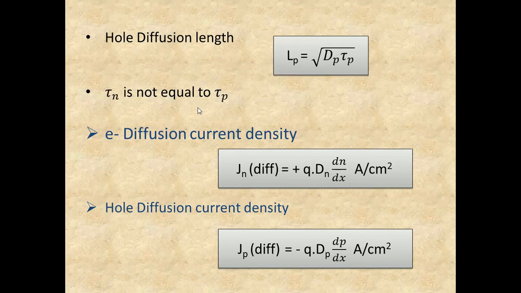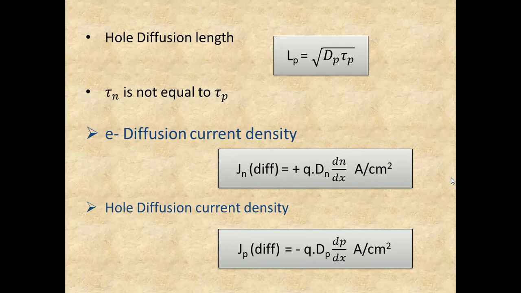Remember that the electron diffusion length is never equal to the hole diffusion length. Now, electron diffusion current density is given by this formula, and similarly hole diffusion current density by this formula. Sometimes they ask these formulas directly in objective exams, so remember these two formulas.